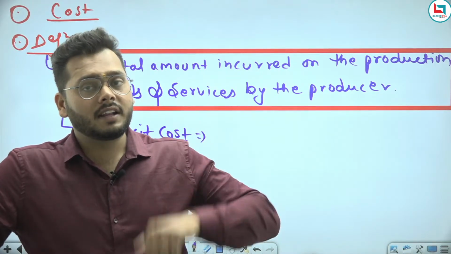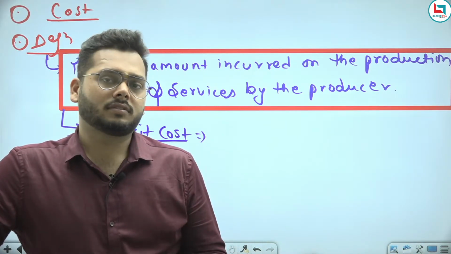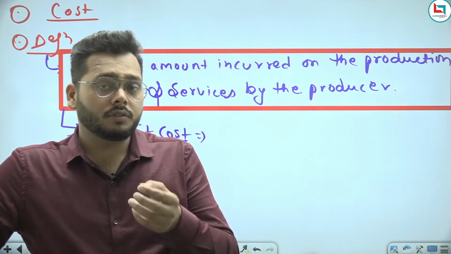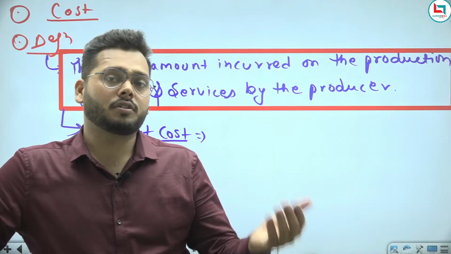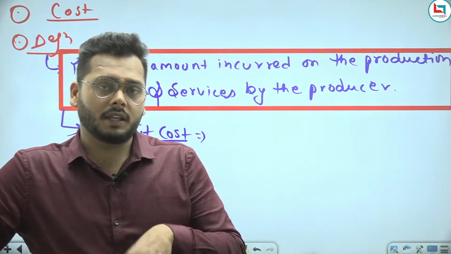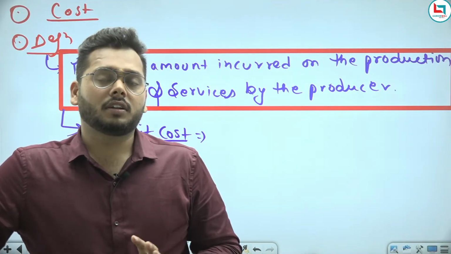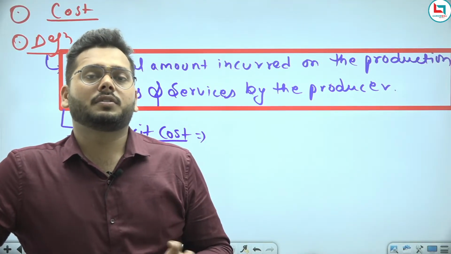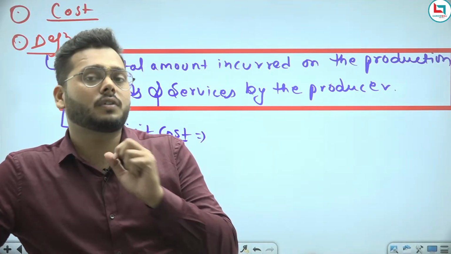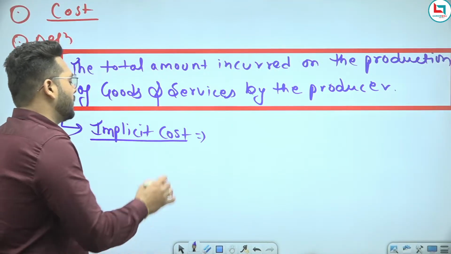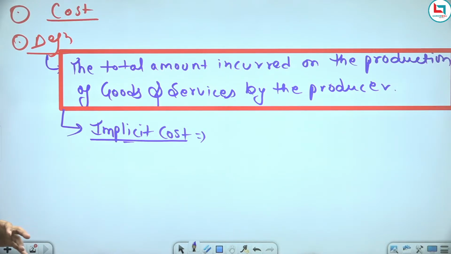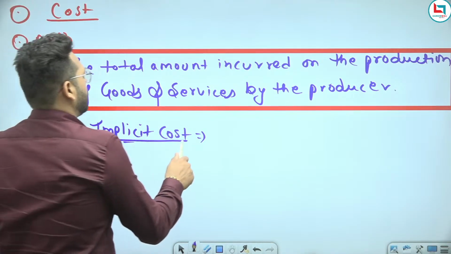But since I am already a teacher of commerce, I can teach my sister myself. Here my sister will not pay me, and I will not pay myself, but still I have some value. Whatever the cost of mine which doesn't actually occur, that cost is known as implicit cost. I have given 2 to 3 examples, and through these you have understood in a very easy manner what implicit cost means.